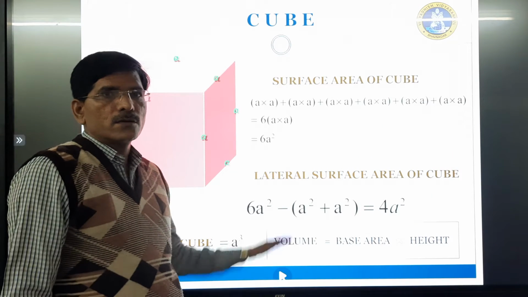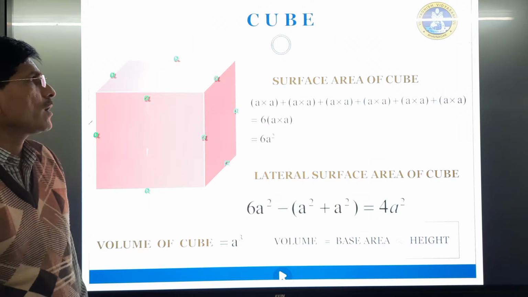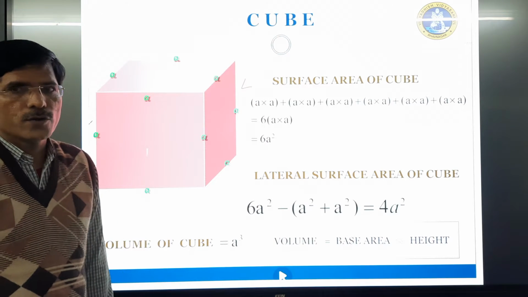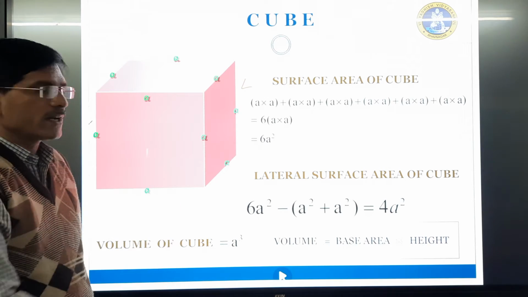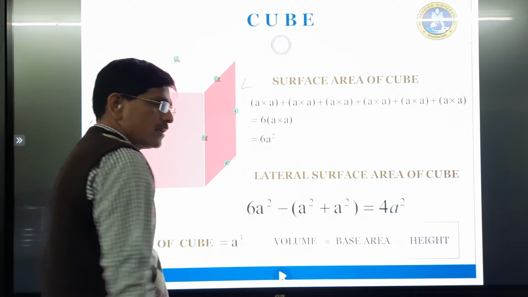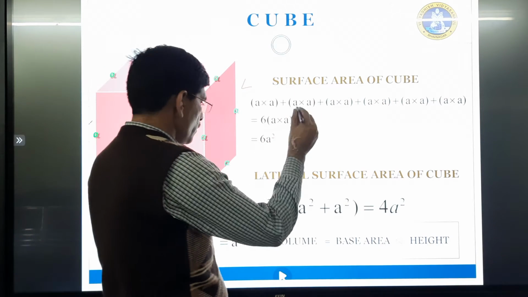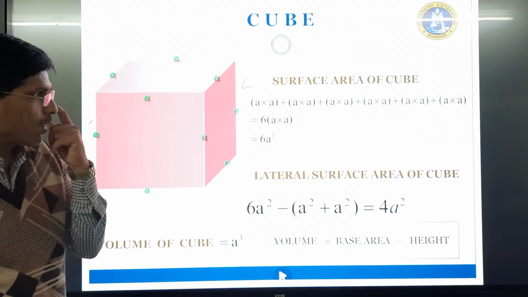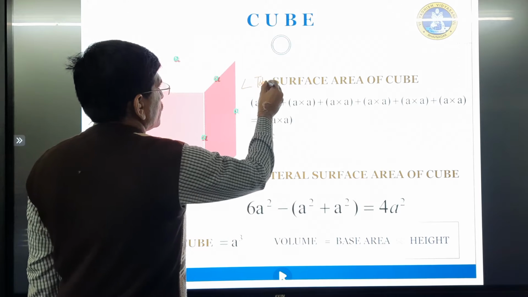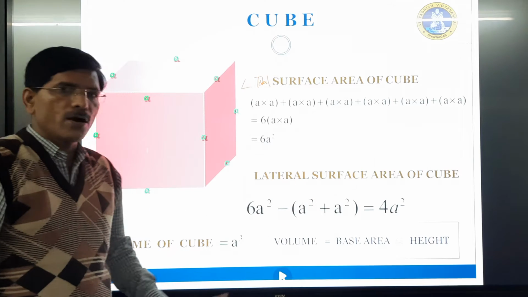Now related with the cube, that is the surface area of a cube, or we can say lateral surface area of a cube. Why do we say lateral? Because of straight lines. How can we find the total surface area of a cube?